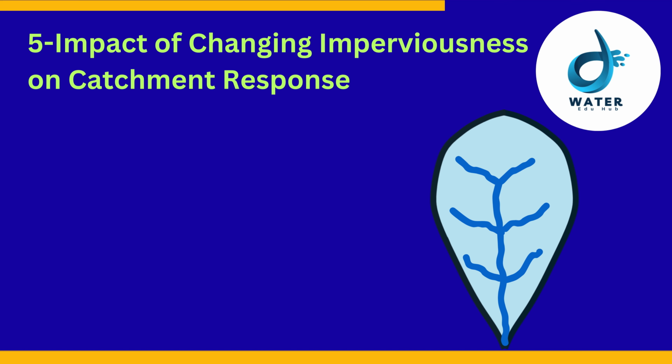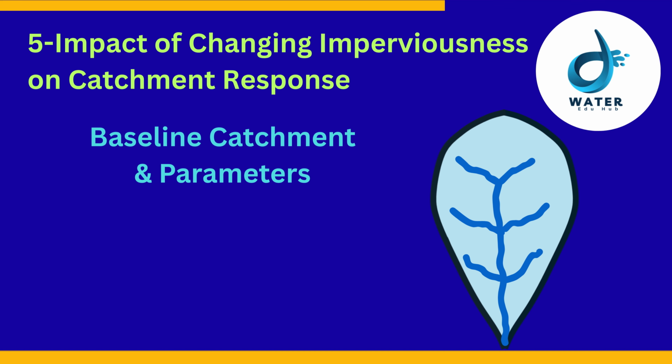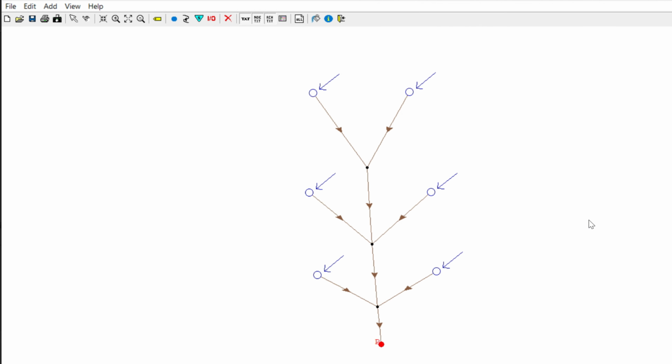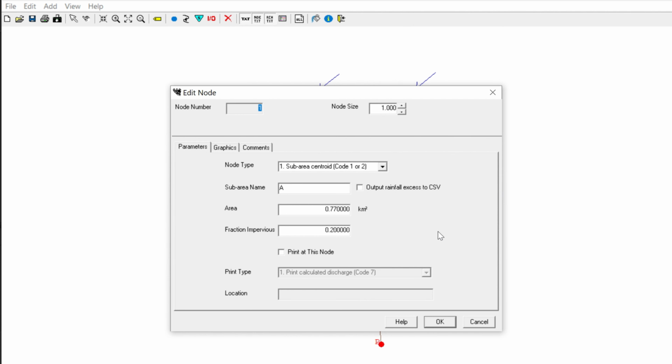Finally, we change the fraction impervious. For this, we work with the original catchment shape and slope and only change the fraction impervious from 0.2 to 0.4. In order to implement the case of larger fraction impervious, what I'm going to do is click on the catchment nodes, or sub-catchment nodes, and then I will manually increase the fraction impervious from 0.2 to 0.4 and then click OK.